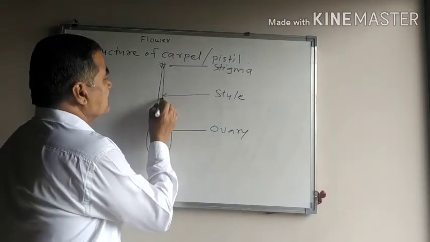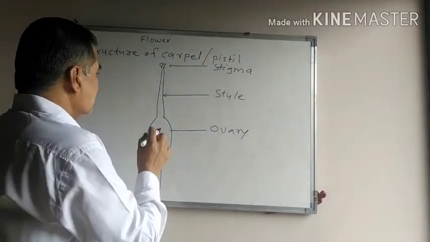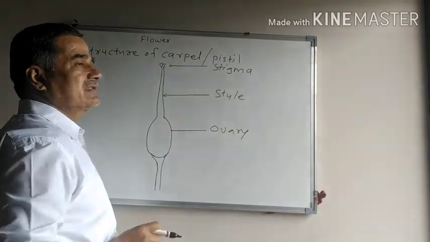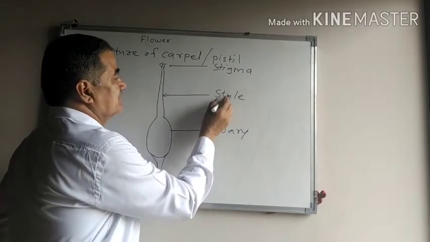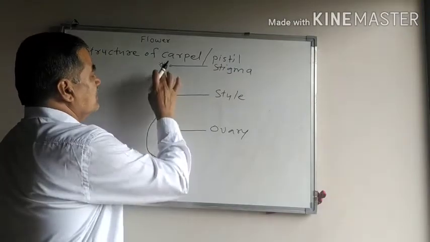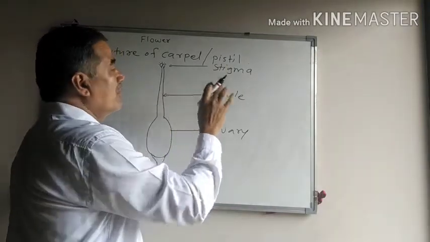The second portion is the style. Style connects the ovary to the stigma by means of a slender stalk-like structure known as the style. The main function of the style is to raise the stigma for pollination.